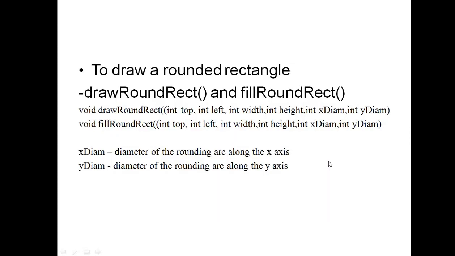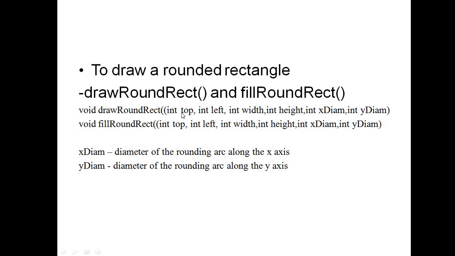That is the thing. So to draw a rounded rect, draw round rect and fill round rect methods are there. So fill round rect is an outline, a rounded rectangle outline is displayed and that will be filled with a color by fill round rect method. See, draw round rect and fill round rect methods are having the same number and type of arguments.